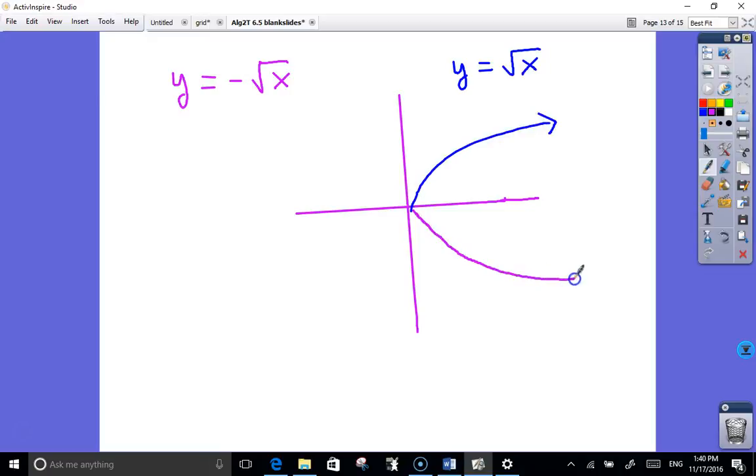It should go like that. But in fact, you can also flip it across the y-axis. And the way you flip it across the y-axis is you go like this. The square root of negative x. Right? You put the negative inside.